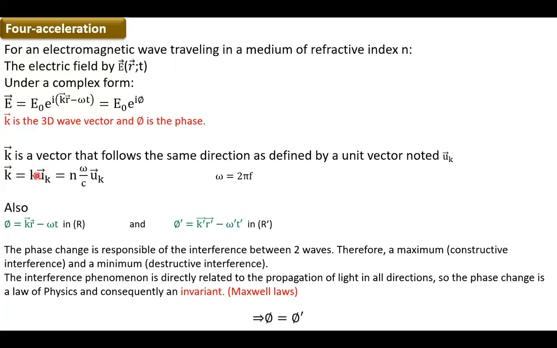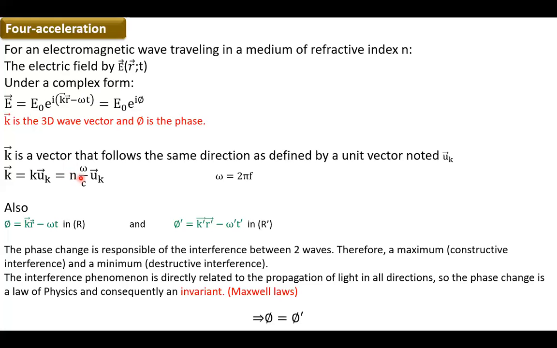And the magnitude k, you know it from last year's course of electrodynamics. You know that k has a magnitude of n omega over c. So n omega over c is the magnitude of k if you are traveling in a medium with refractive index n. In vacuum, n would be equal to 1.